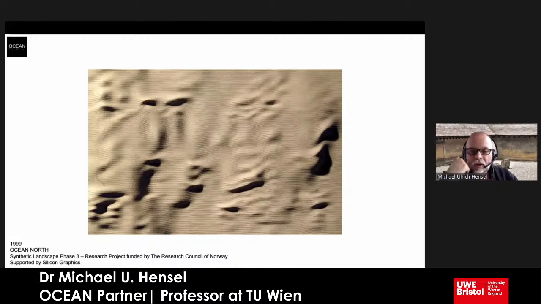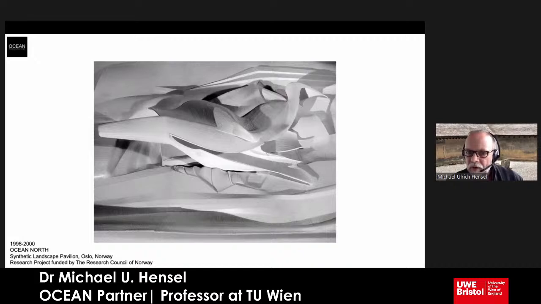Here we were also then starting to work with computer-aided manufacturing tools, including milling, including rapid prototyping. So for instance, here you see an excerpt of this design of the synthetic landscape, urban or landscape scheme, down to a building scheme where we developed a pavilion as part of a contraction of that surface.